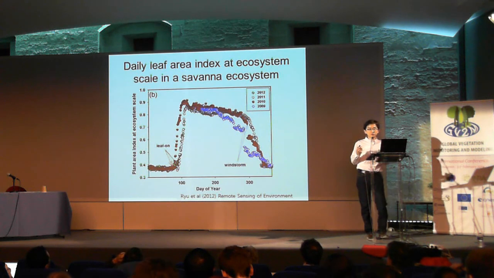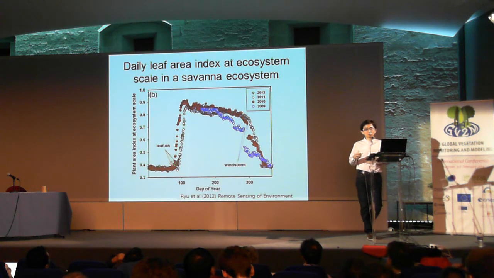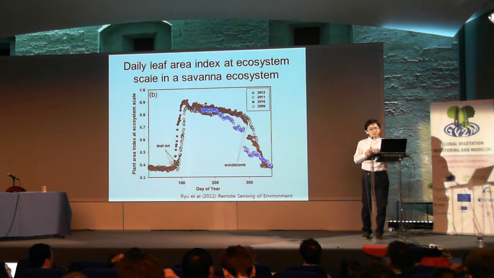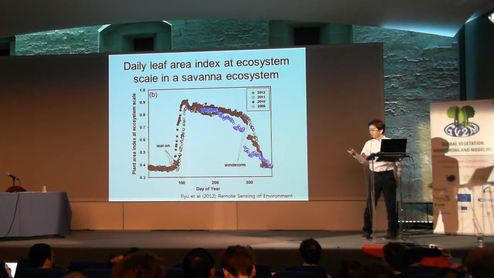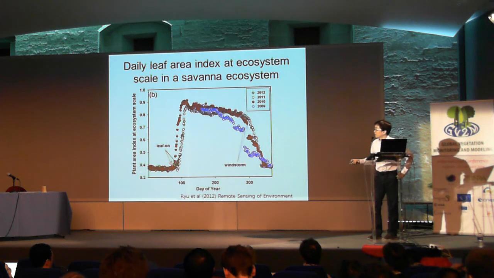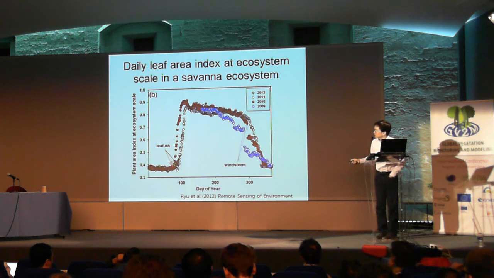So here we used 3 digital cameras that measured LAI every day. I visit the field monthly or bi-monthly, and I took many LAI data over a large area. So by combining this temporally continuous but spatially extensive data, I can quantify the plant area index at ecosystem scale daily.